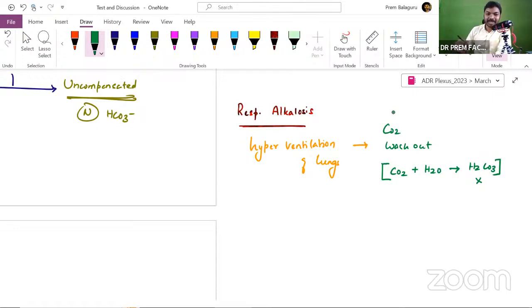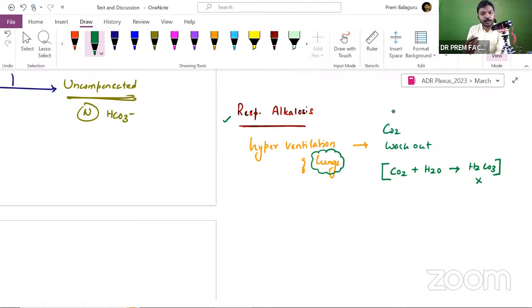When there is no carbonic acid formation, it's going to be an alkalotic state, and that is exactly what is called respiratory alkalosis. Now, the problem is either with the lungs, or with the respiratory centers, which are exciting the lungs significantly. Now, how are you going to handle this problem?